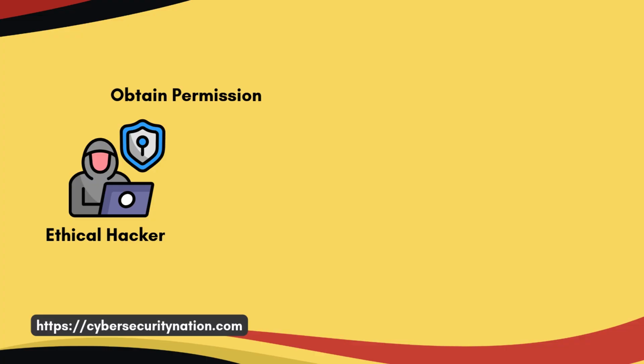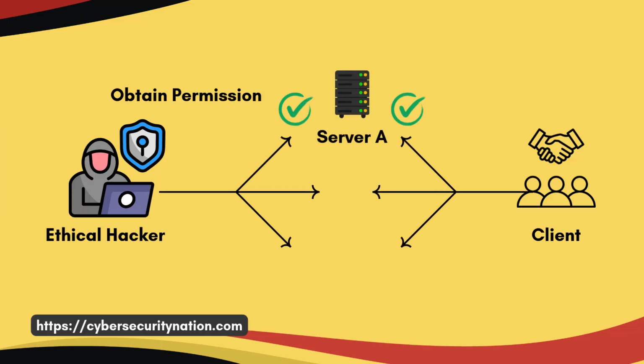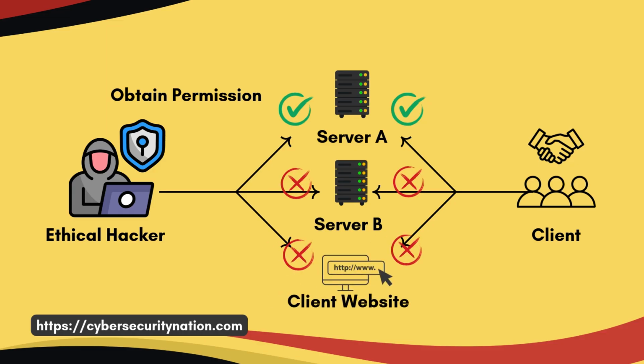And when you get that permission, stick to the scope. If a company asks you to test server A, you test server A, not server B, not their website, just server A. Clear communication and a well-defined scope are important. If you got this, good.